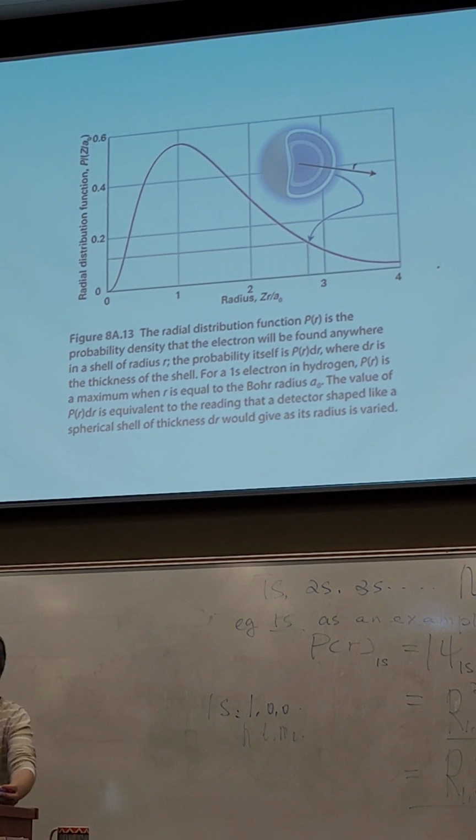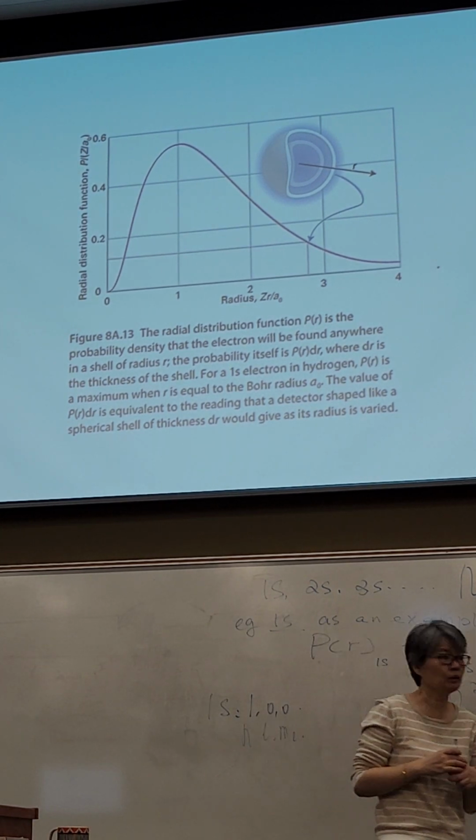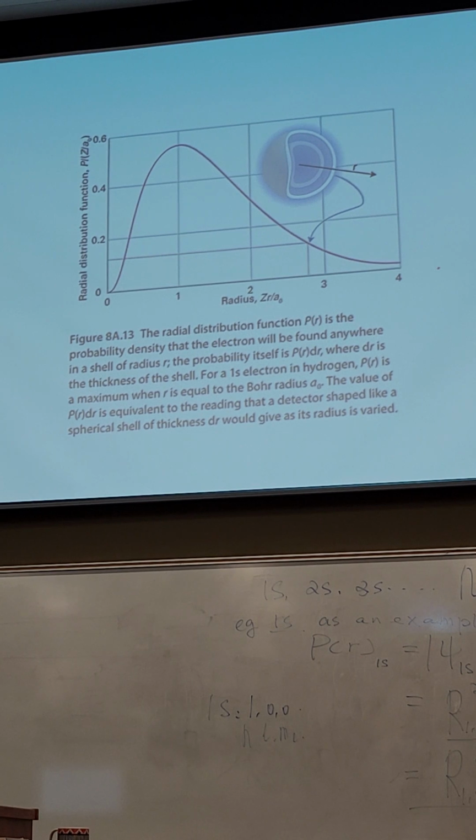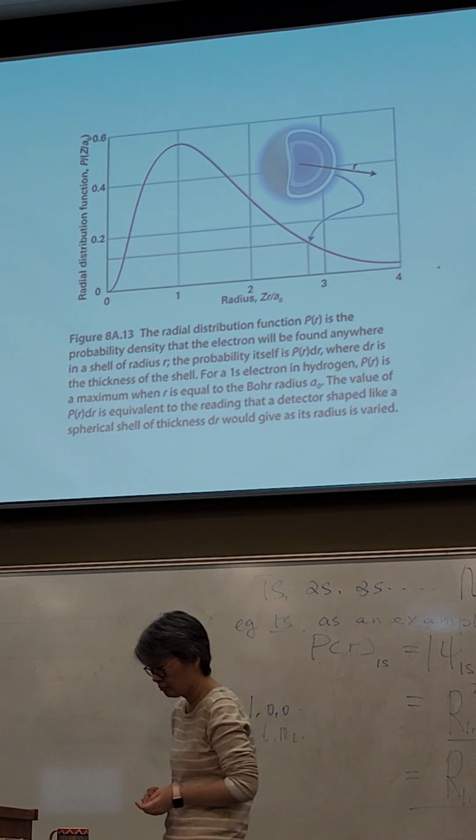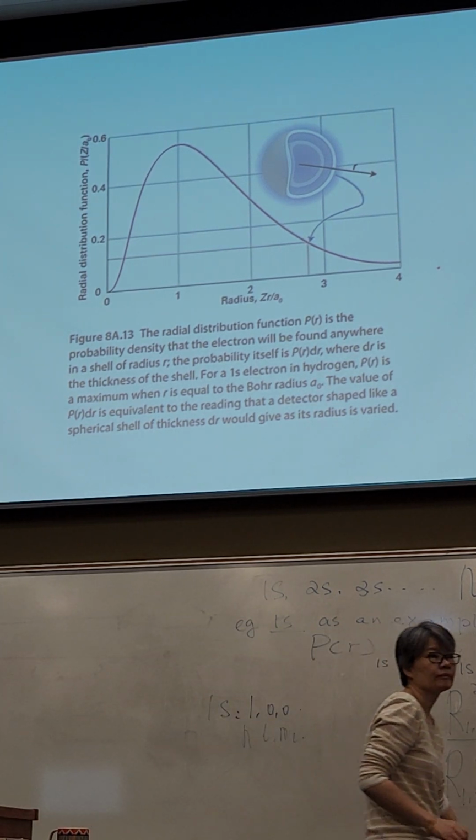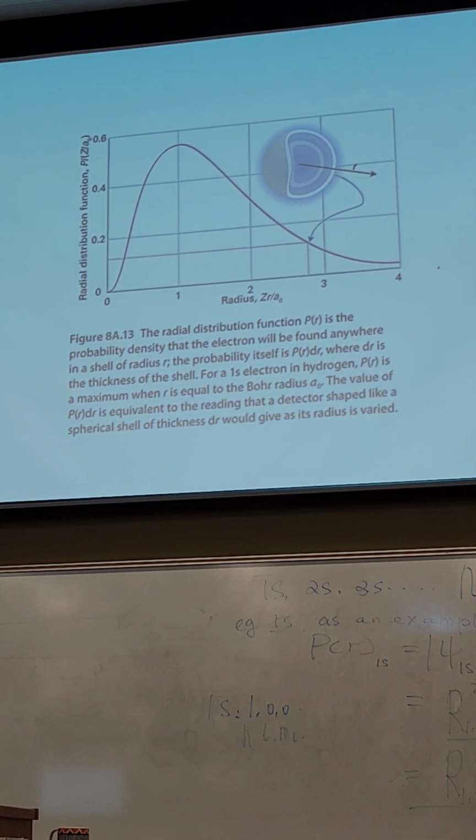What is the peak at, at what radius? So it looks like the radial distribution function has a max if you just eyeball the curve. At what radius value, guys? 1. Huh? The 1. Just eyeball this. 1?